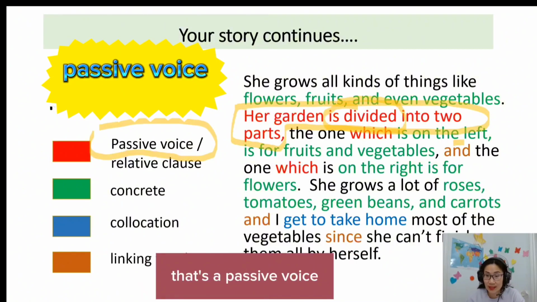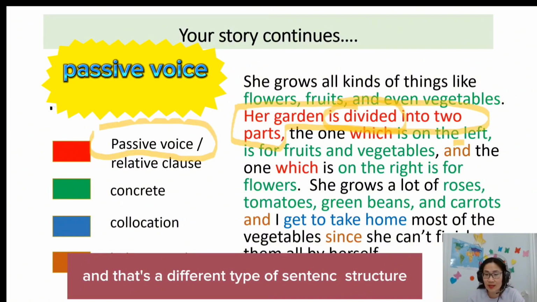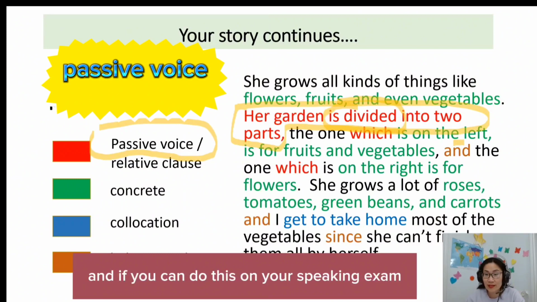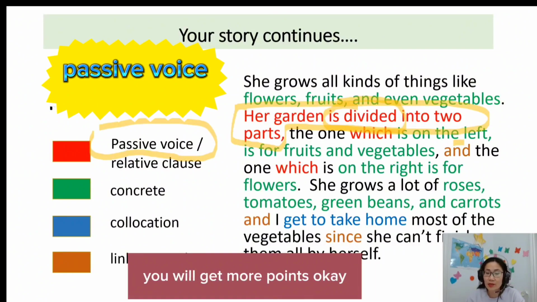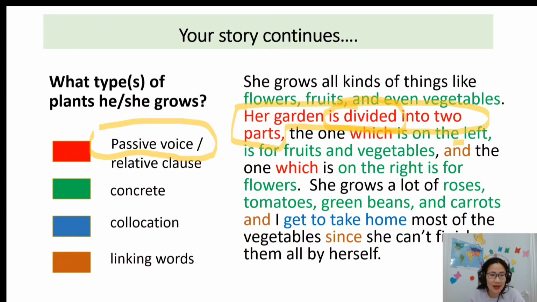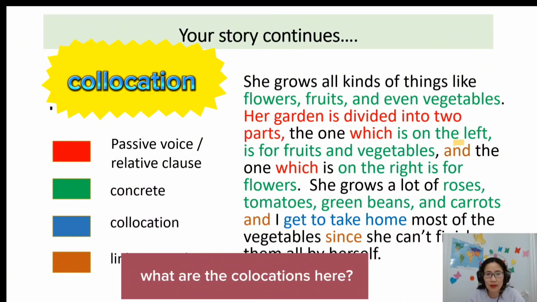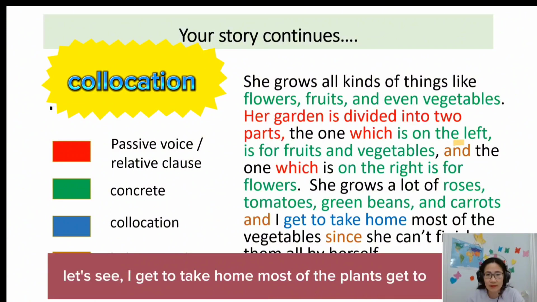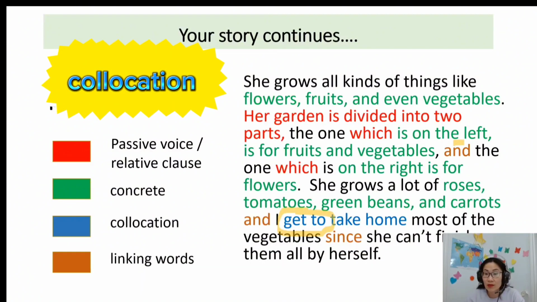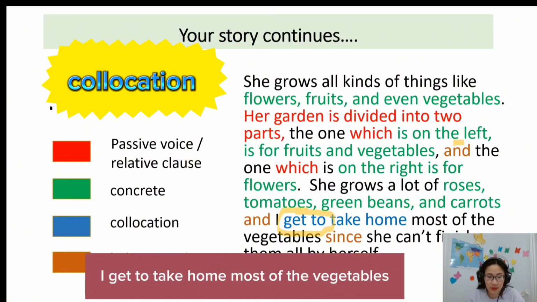That's a passive voice, and if you can do this on your speaking exam, you will get more points. And point number five, I use collocation. What are the collocations here? Let's see. I get to take home most of the vegetables. Get to. So that is a collocation.